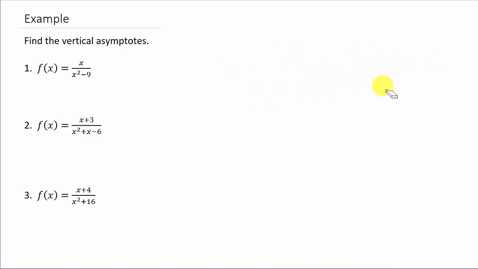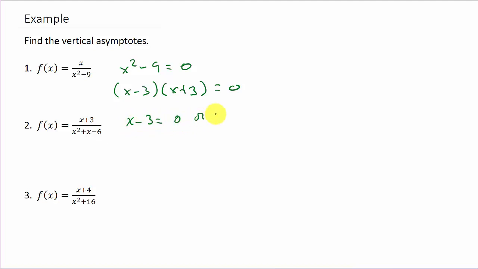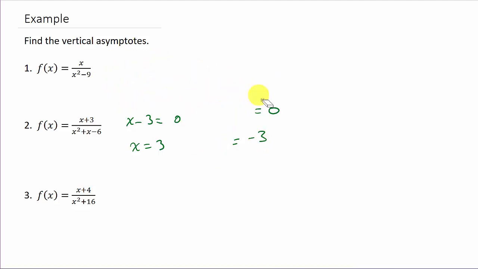One thing I want to show you is that we used the square root property, but you could have also factored this into x minus 3, x plus 3 equals 0, and set each of these equal to 0. And so you get x equals 3 or x equals negative 3. So you get the same answer. You could either factor it or use the square root property on something like that.